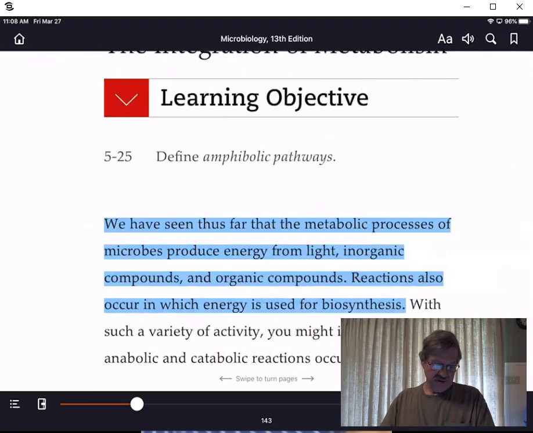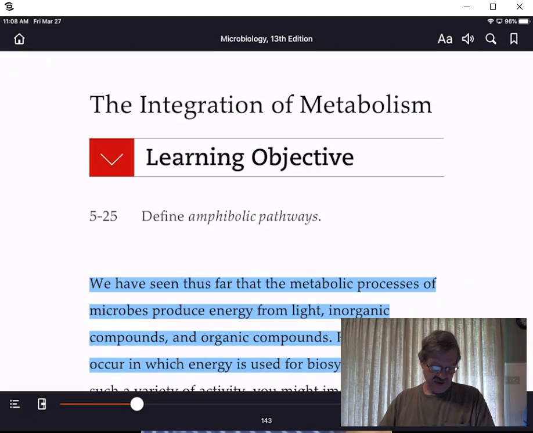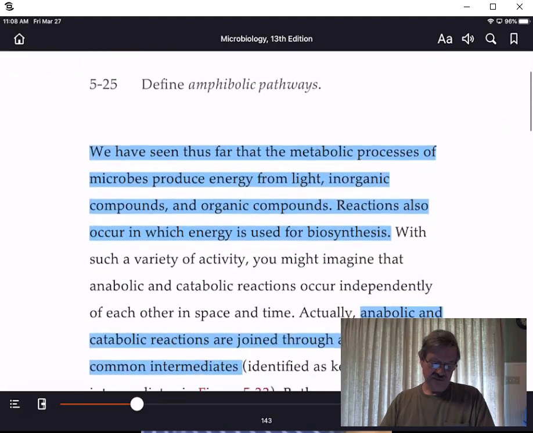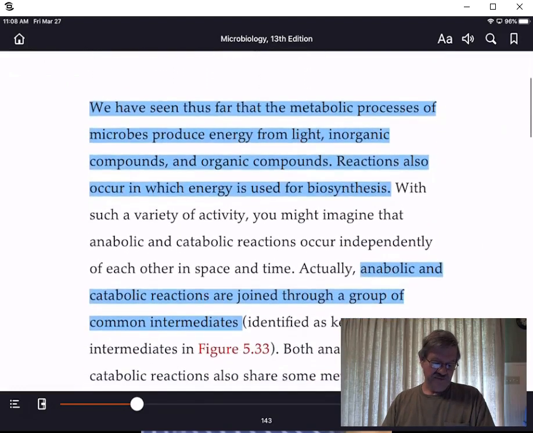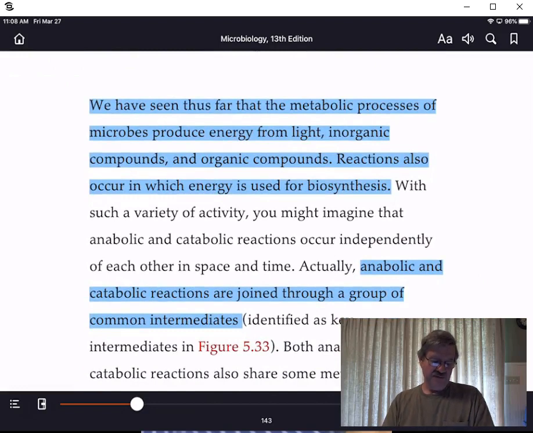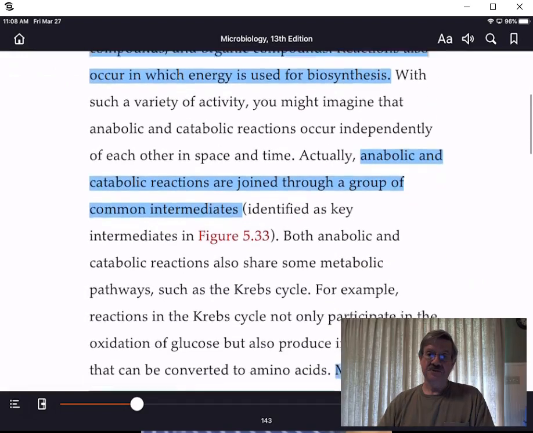Okay, so let's go look at this last part, integration of metabolism. And so it's the idea that we've looked at processes that microorganisms are going to use with energy from light, inorganic compounds, organic compounds, and to use this for biosynthesis, that is, to make new organic compounds.